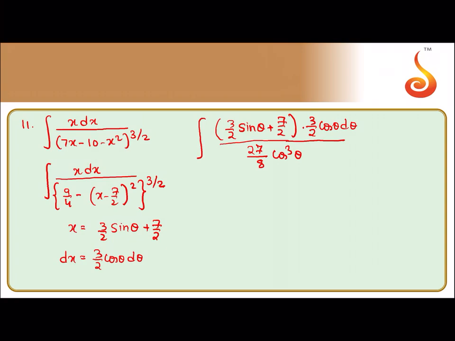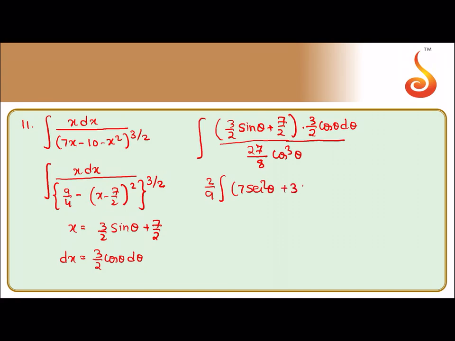divided by 27 by 8 cos cube theta. Why so? Because this becomes 9 by 4 whole to the power 3 by 2, means 3 by 2 whole cube. 3 by 2 whole cube is 27 by 8. 1 minus sine square theta will give you cos square theta. Cos cube theta will come.